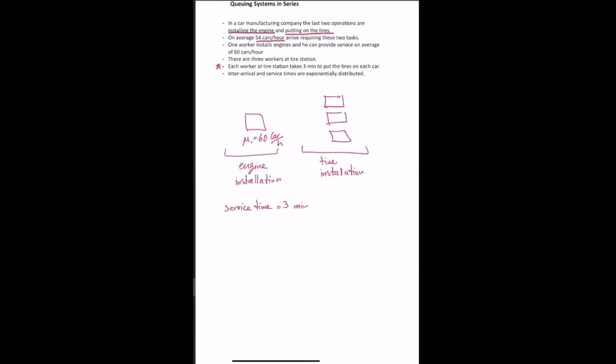So the service rate, I'm going to call it mu 2 for stage 2, is 1/3 car per minute. And I can multiply it by 60 minutes per hour. So that's going to be 20 cars per hour. That's the service rate of each one of these workers. Inter-arrival times and service times have exponential distribution.